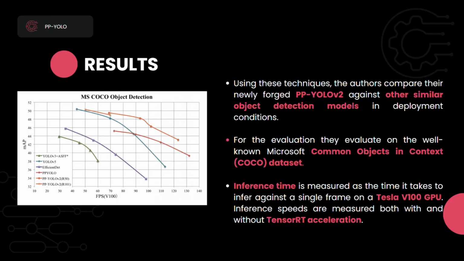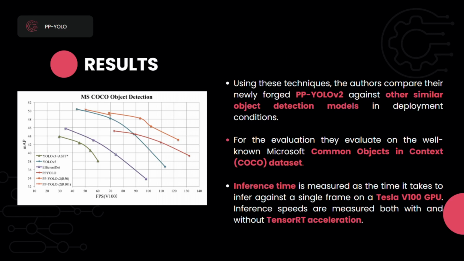And finally, let's see the results from this new version of PP-YOLO. By implementing the techniques that I've mentioned before, the authors compare their newly forged PP-YOLOv2 against other similar object detection models in deployment conditions. For the evaluation, they used the COCO dataset.